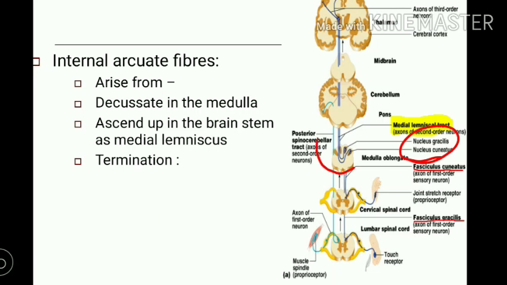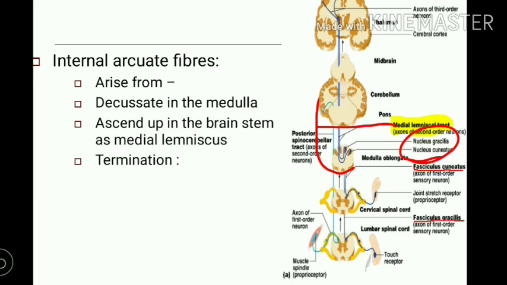Then in the medulla they ascend as internal arcuate fibers, and they are known as the medial lemniscus tract. Medial lemniscus tract means fibers of fasciculus gracilis plus fibers of fasciculus cuneatus. They ascend as one lemniscus, and this is the medial lemniscus.